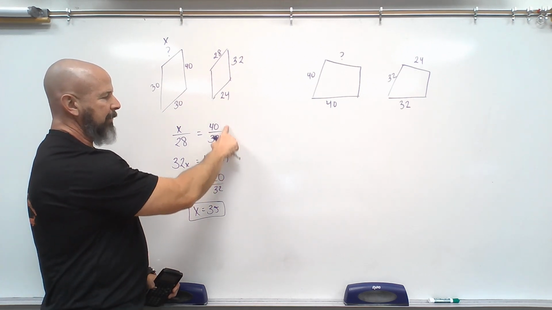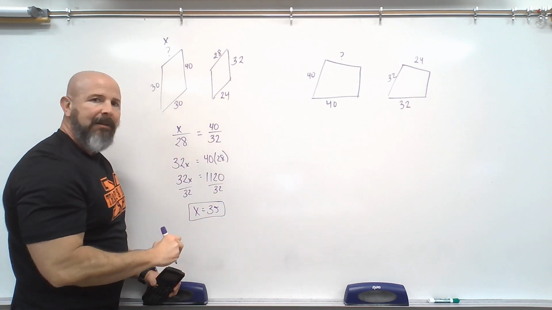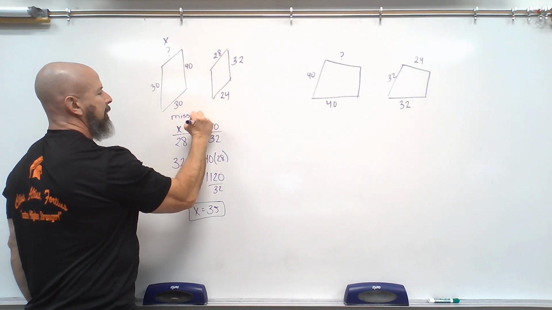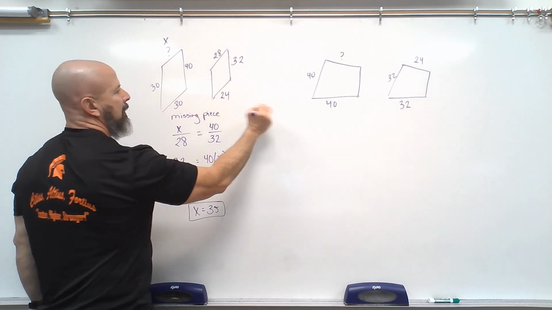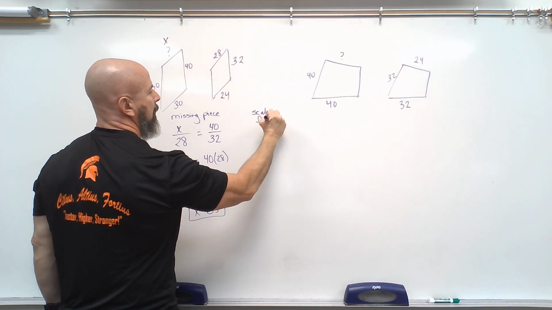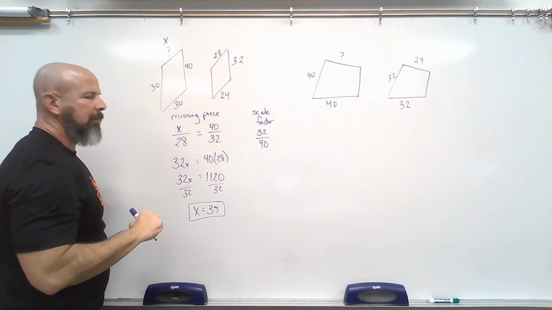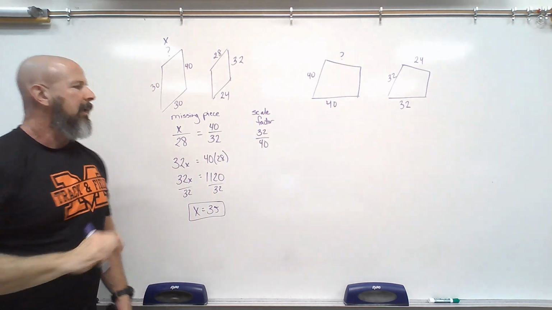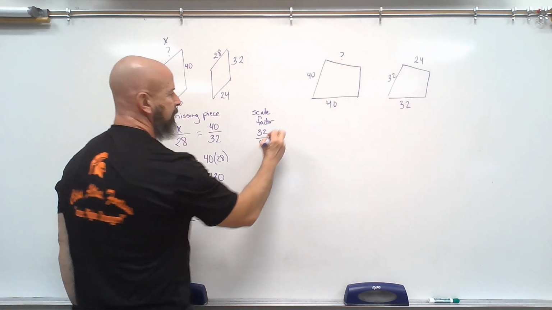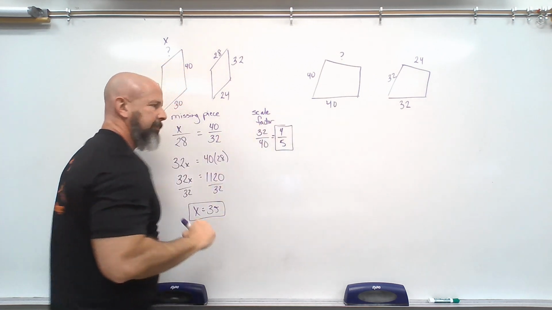Look at the relationship I made in my proportion, I'm going to use that for my scale factor. It would be 32 over 40. I just took my known corresponding pieces, small to large, so put the 32 on top. Now I'm going to reduce. That'll reduce by 8, so we're back to that 4/5.